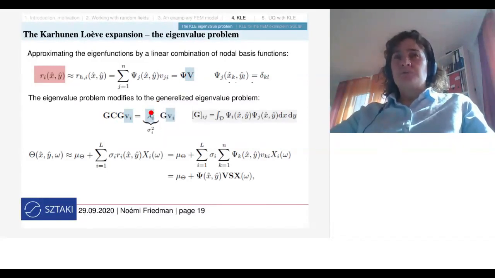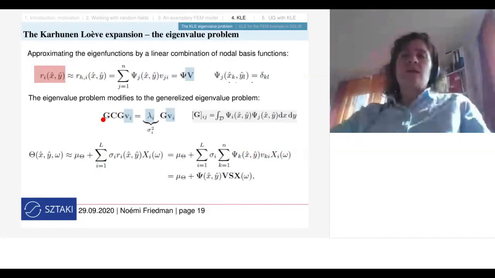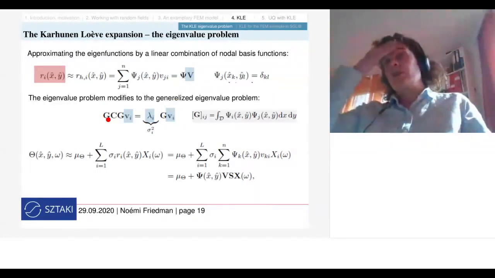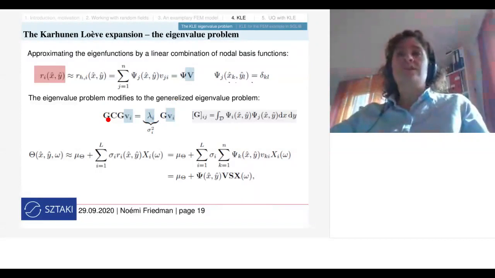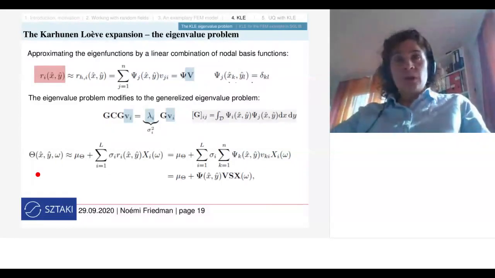These are the eigenvalues of the problem, which is the same as the squared scale factor, and that's all. So this generalized eigenvalue problem can be solved by any numerical software like MATLAB or Python or whatever you wish to use.